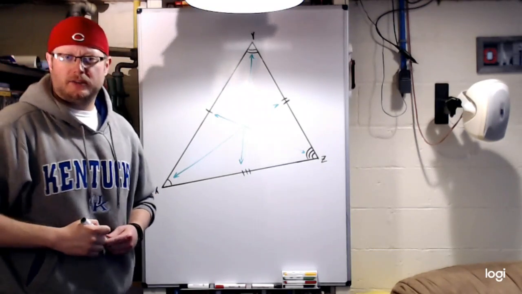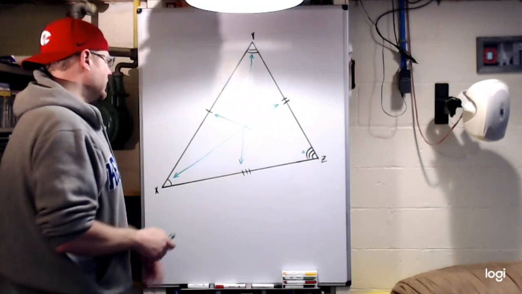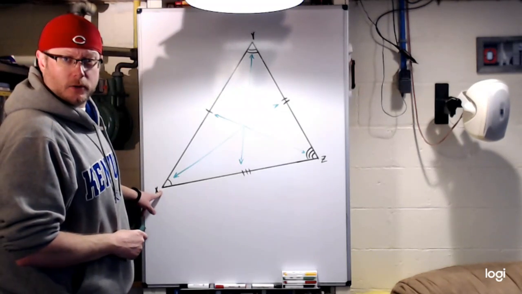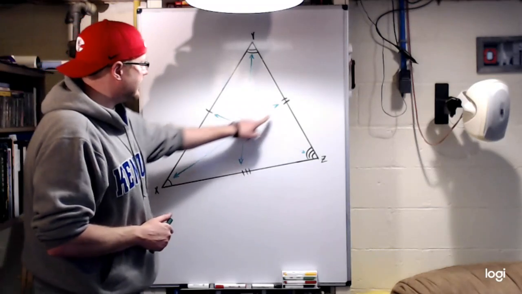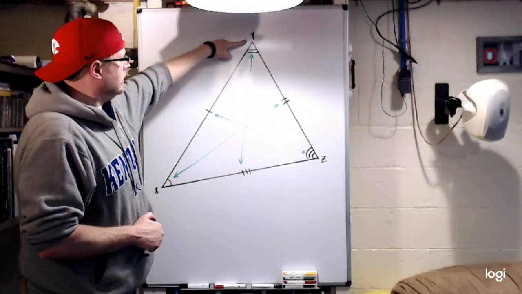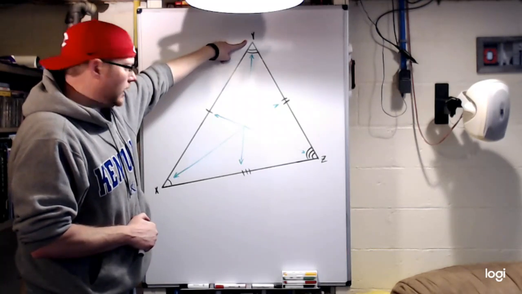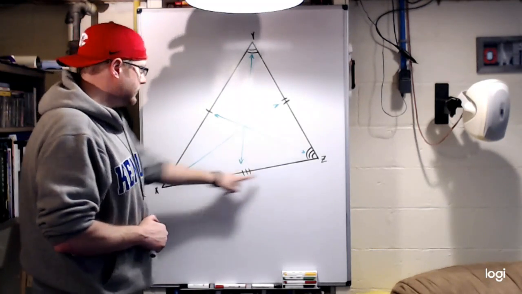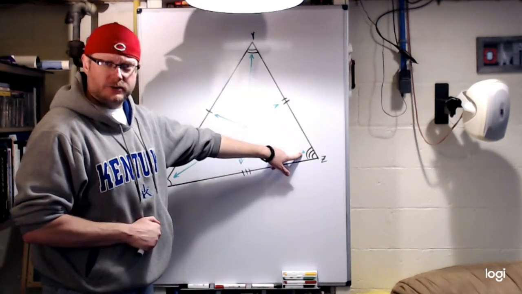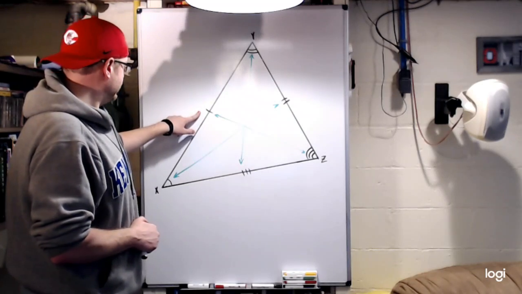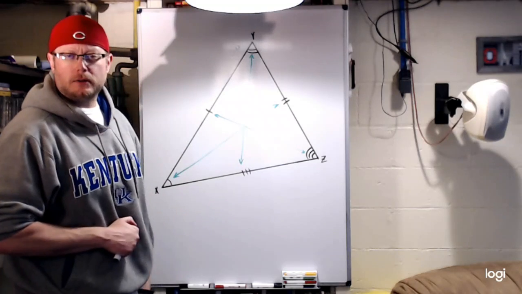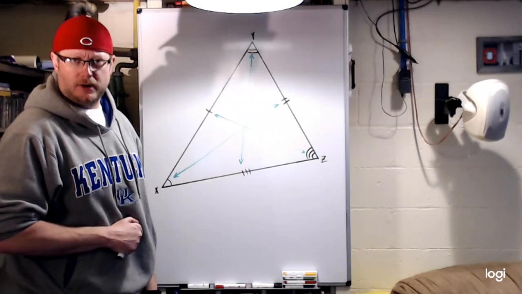Angle X or vertex X has an opposite side of YZ. It's the one directly across from it. Angle Y or vertex Y has an opposite side of XZ. And if I started at vertex Z or angle Z, directly across from it is side XY. So every single vertex or angle has an opposite side from that vertex.